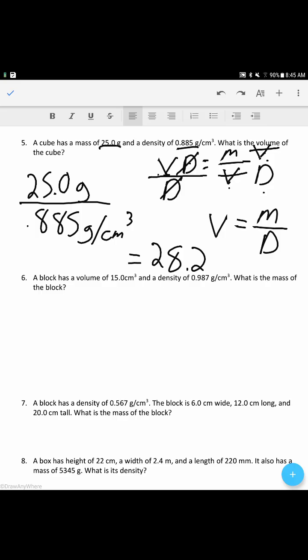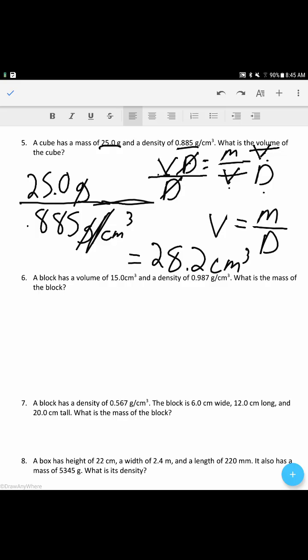And our unit: grams cancels out, and we're left with per centimeters, but since centimeters is on the bottom here and also on the bottom of this, they cancel each other out basically, and centimeters cubed goes on top, and that's going to be our unit. So that is that for finding volume.